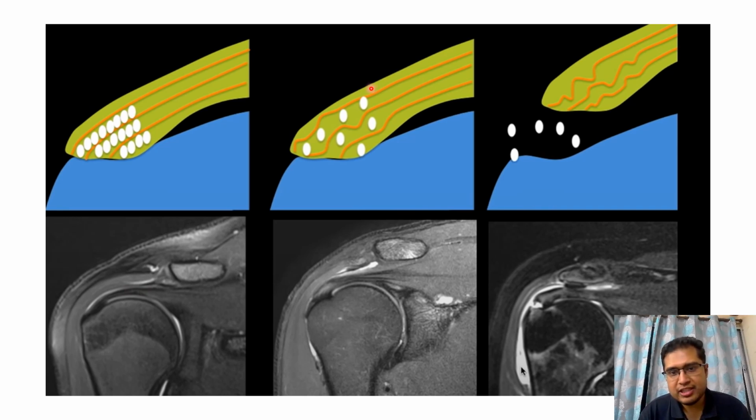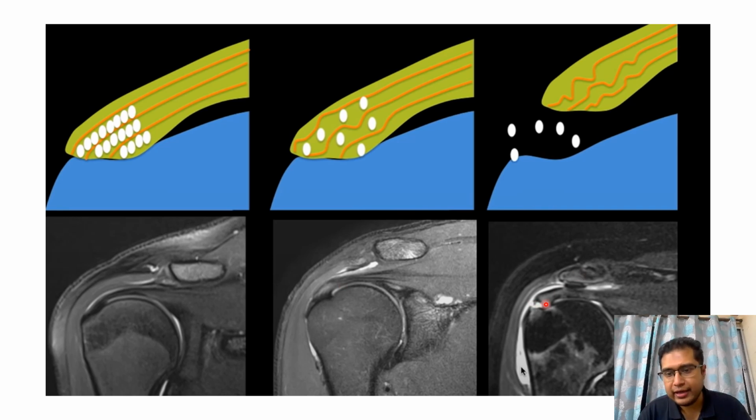When there is disruption of the collagen fibers in tendon injuries, there is a hyperintense signal because the water molecules are freely present within that area. But the signal intensity is still less than the bursal fluid. Hence, it is called tendinosis and not a tendon tear.